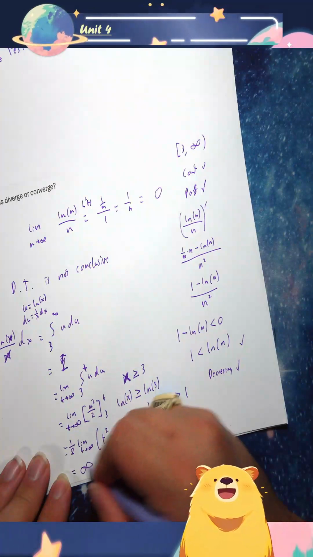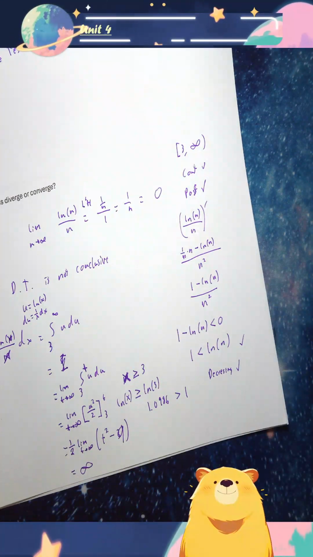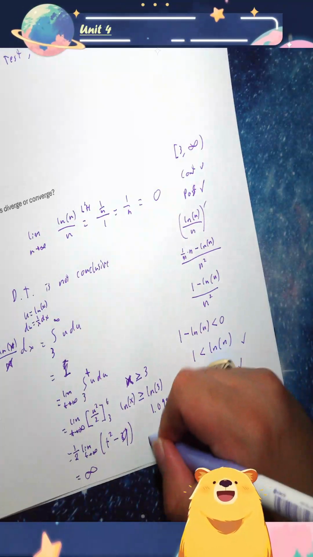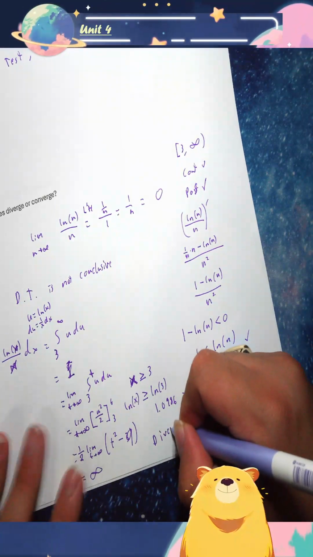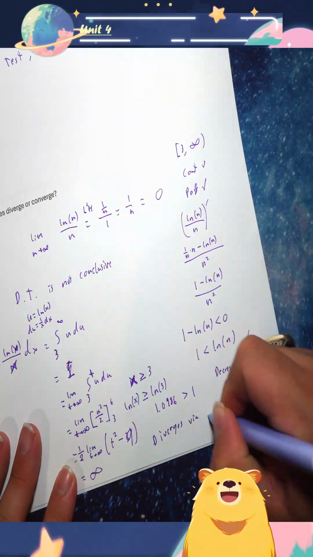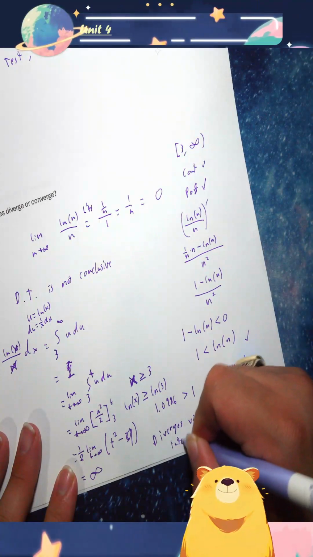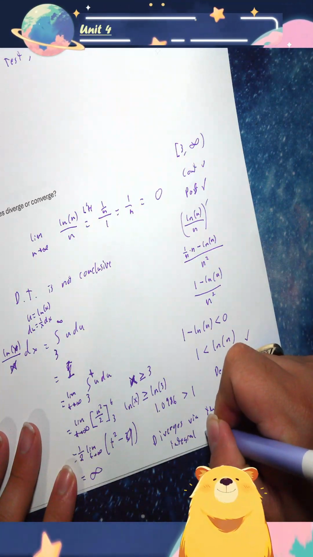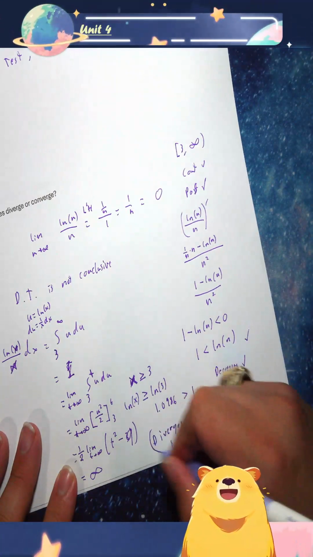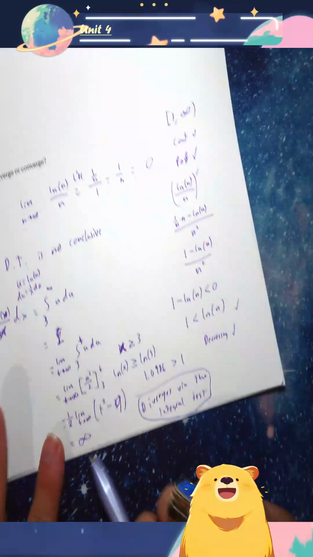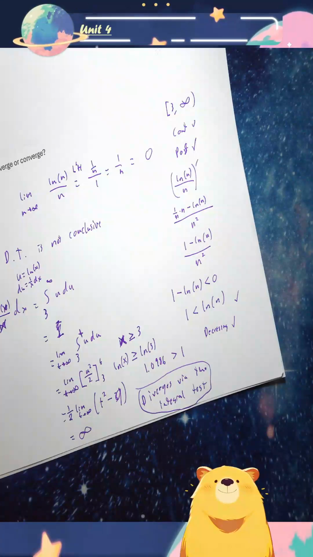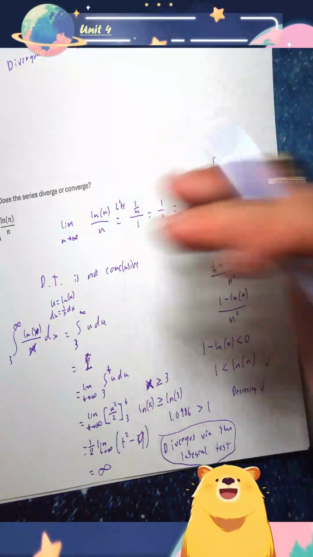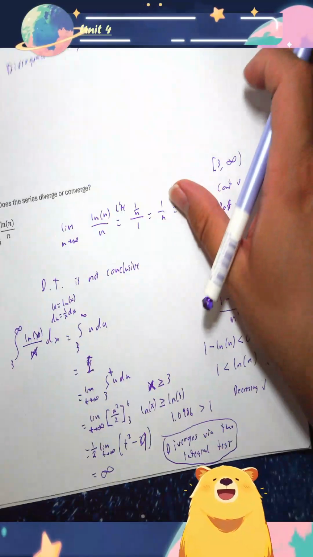So the whole thing would be going towards infinity. So via the integral test, this diverges. Because if the integral wasn't able to give you an actual value, then the sum will not give you an actual value. So therefore it diverges via the integral test.